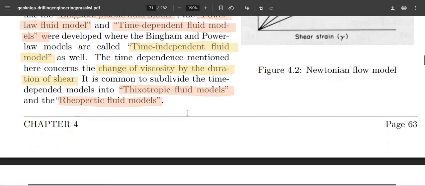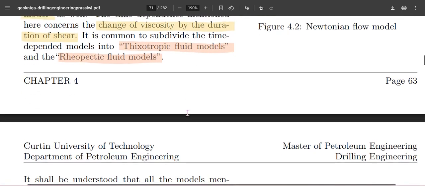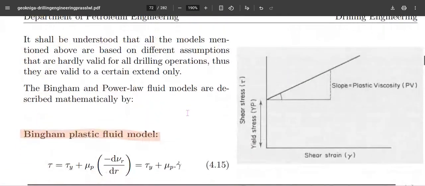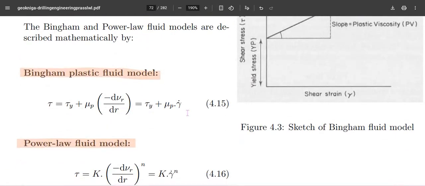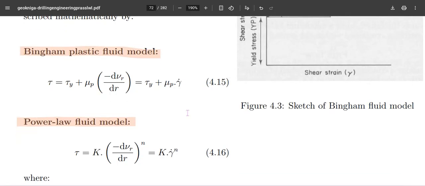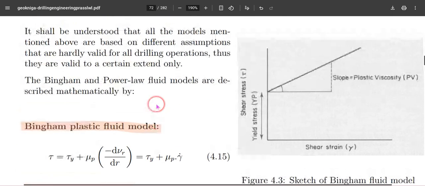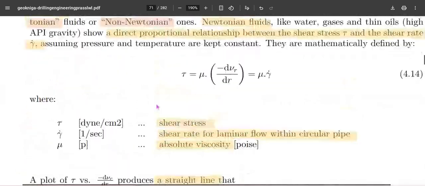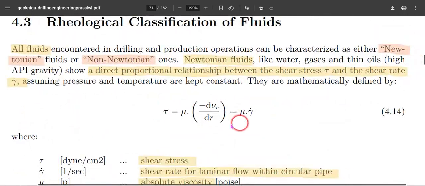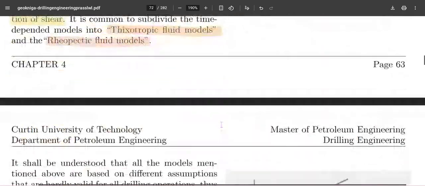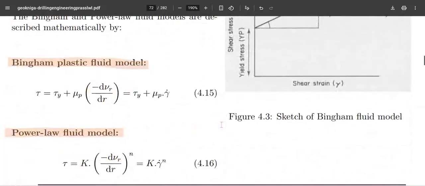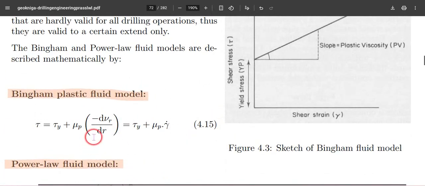power law fluid model. Like we described earlier, for the Newtonian fluid model, there is a direct relationship. This is expressed in a mathematical relationship in 4.15 and 4.16. If we look at 4.14, there is a proportionality constant, and it is a direct relationship. But there is a small variation compared to 4.14, an additional term.